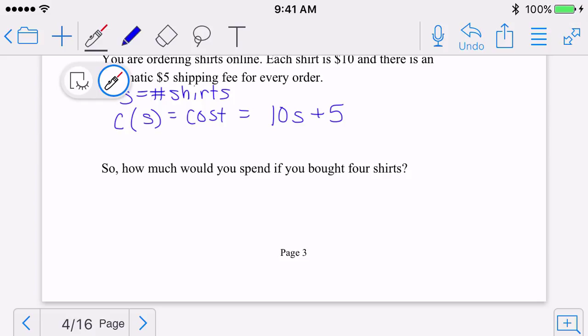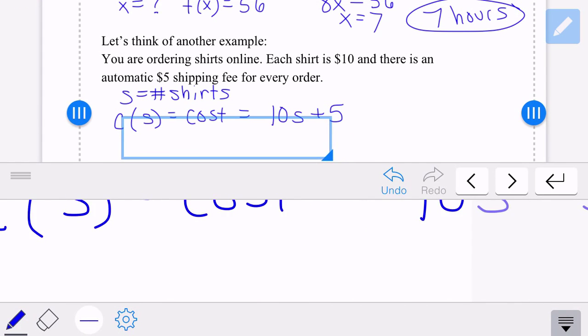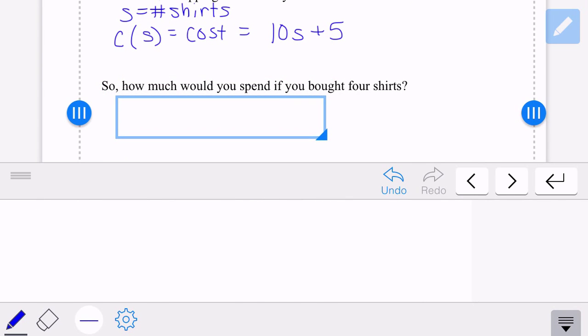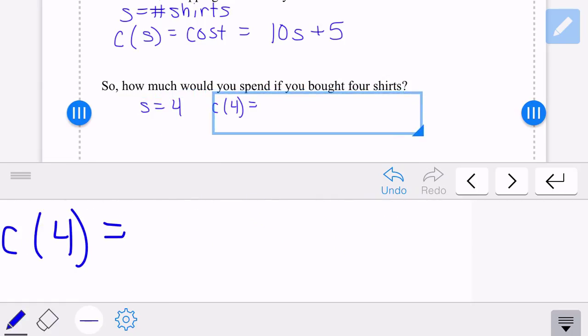And then down here, let's think about, okay, well, what if we bought 4 shirts? How much would we spend? Well, we know that s is equal to 4. We know that c of 4 should be equal to our 10s. So 10, and our s this time is 4.